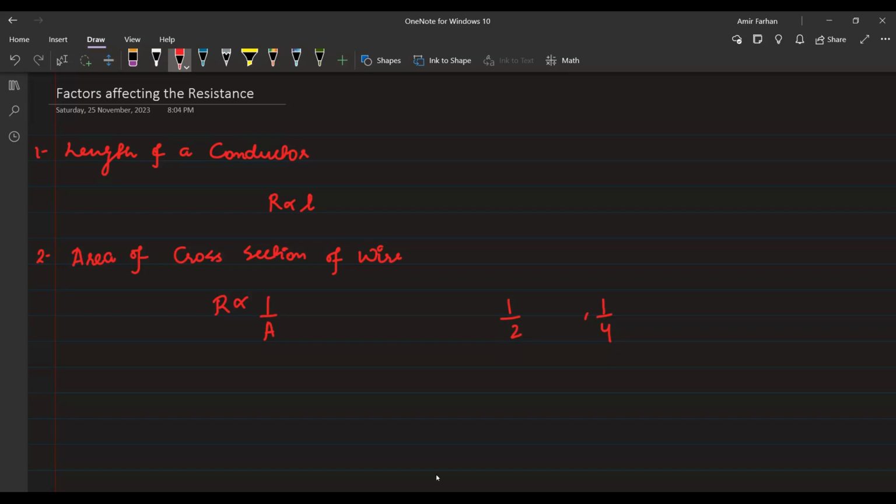Now tell me, if 4 is greater, you are dividing 1 by a greater number, the fraction will decrease or increase? Decrease, obviously. If you divide the same part by a smaller number, your fraction will be greater than 1 by 4. Greater than 1 by 4, obviously.